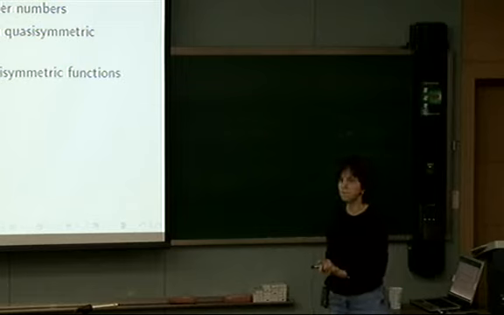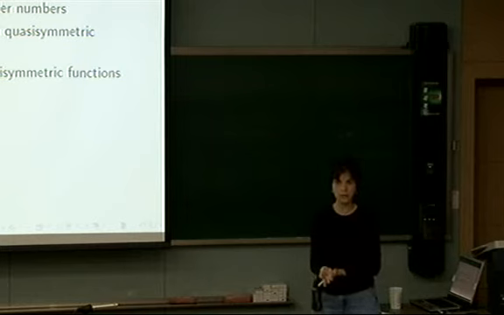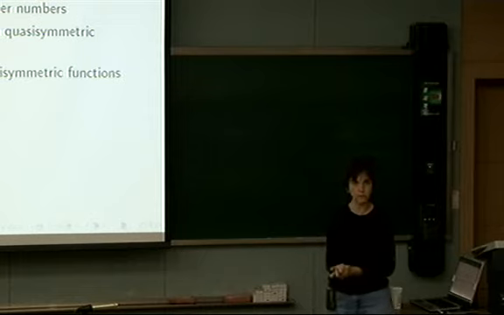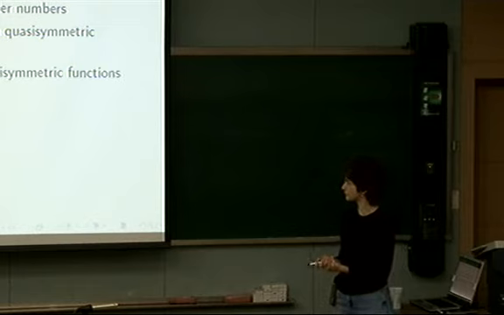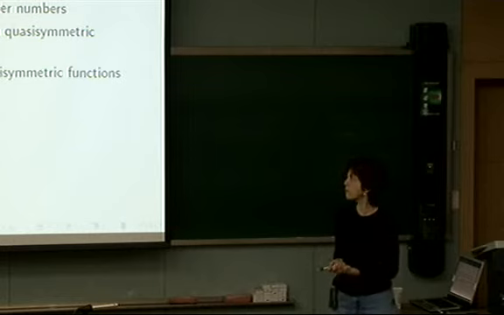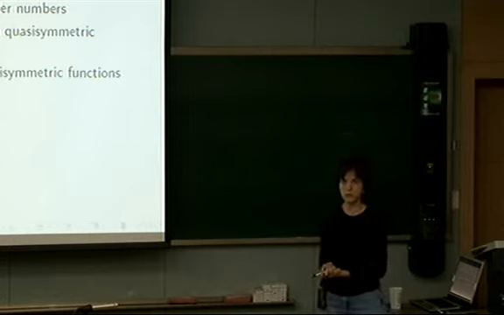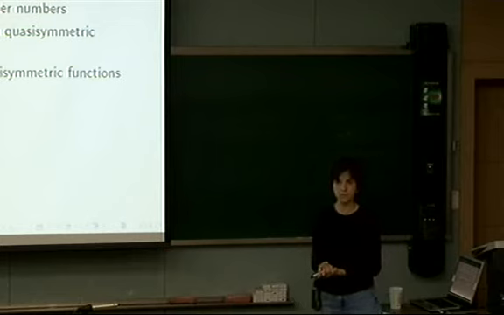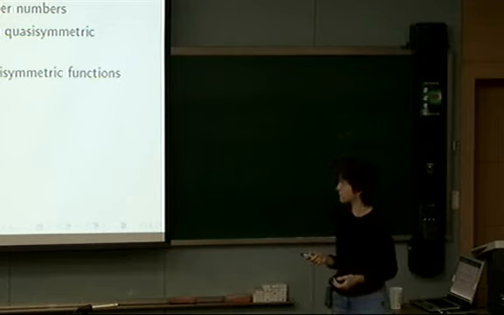My student, Matt Hyatt, has a type B analog of our Eulerian quasi-symmetric functions, and he's got some interesting results on those. And recently, Shareshian and I found a connection with Stanley's chromatic symmetric function. This connection involves chromatic quasi-symmetric functions, which I don't have time to talk about.